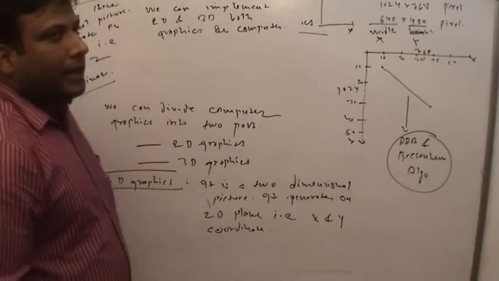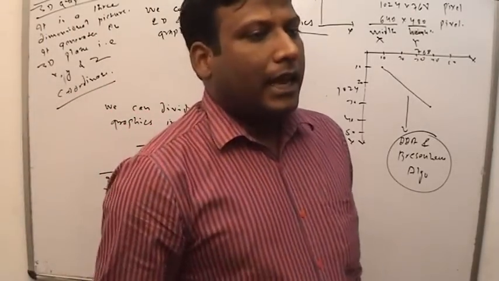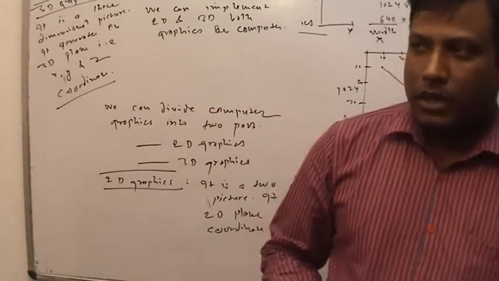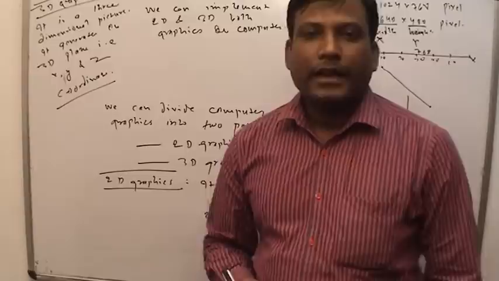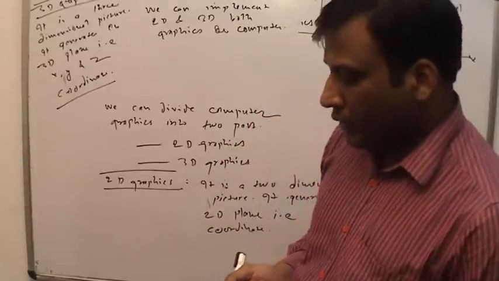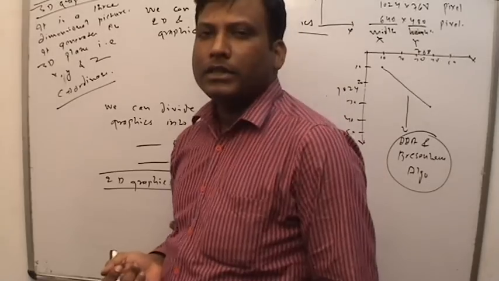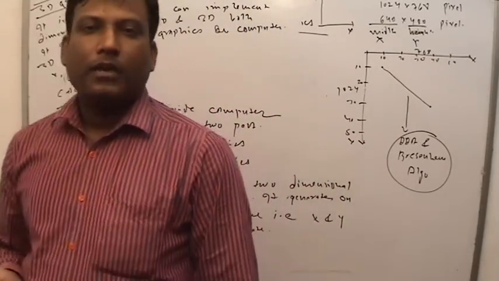We can implement 2D graphics in any language like C, C++ or Java. If we want to implement 3D graphics on a computer, we have to integrate the OpenGL library, the Open Graphics Library.